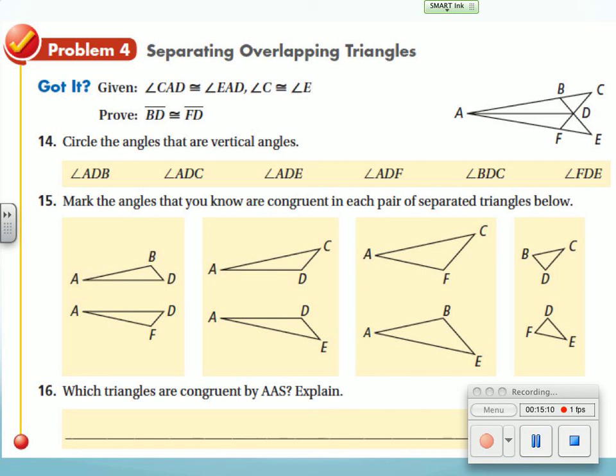Now we want to mark the angles that we know are congruent in each pair of separated triangles below. So I'm going to have to get my pen out here real quick.